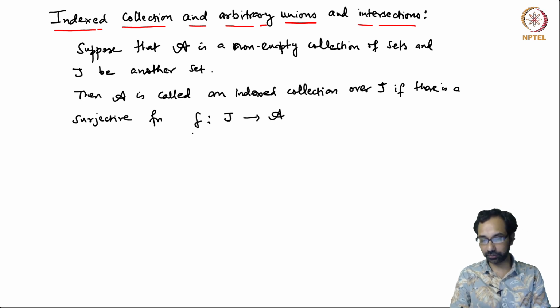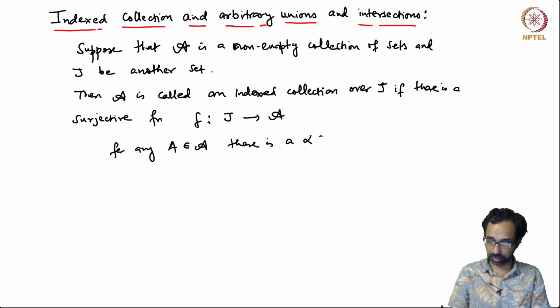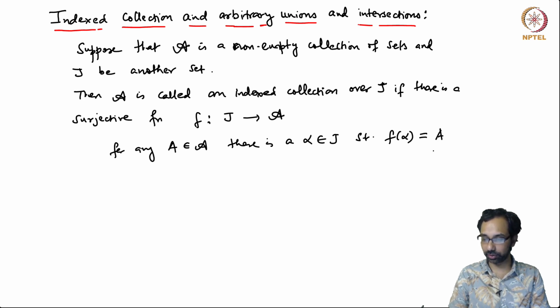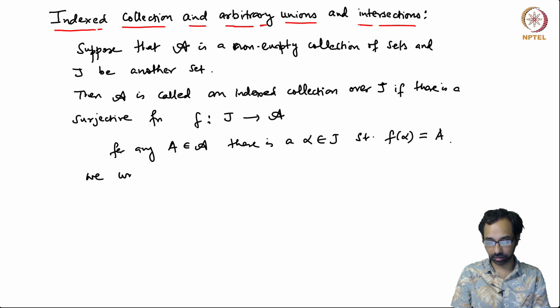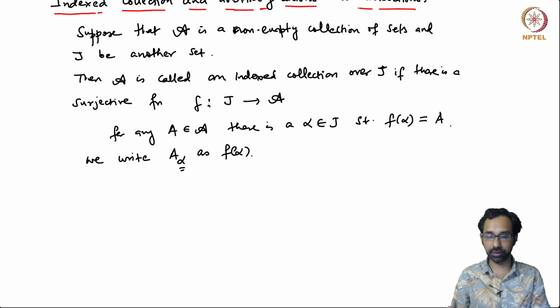The surjective function means that for any set A belonging to this collection capital A, there is an alpha in J, so it's an element of J, such that f of alpha is equal to A. So we write A subscript alpha as f of alpha, just to denote that the set A corresponds to the element alpha in J. So this is an indexed collection, and we will use this many times in this course, so it's something to keep in mind.